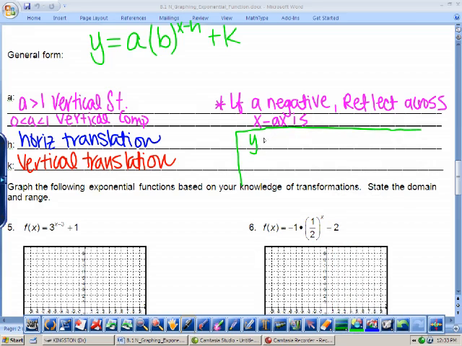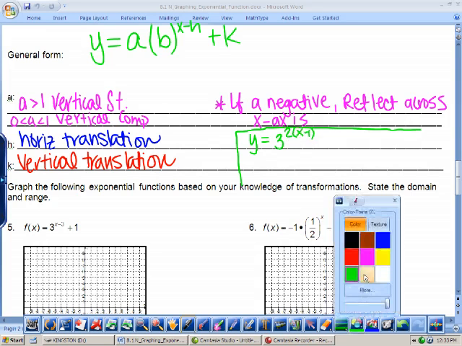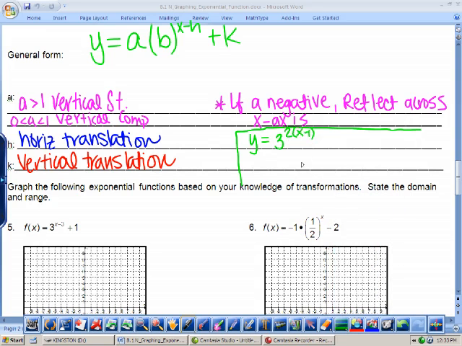So if I gave you the equation y equals 3 to the 2 times x minus 1 power. Remind me what that 2 does. It's a horizontal stretch or compression?